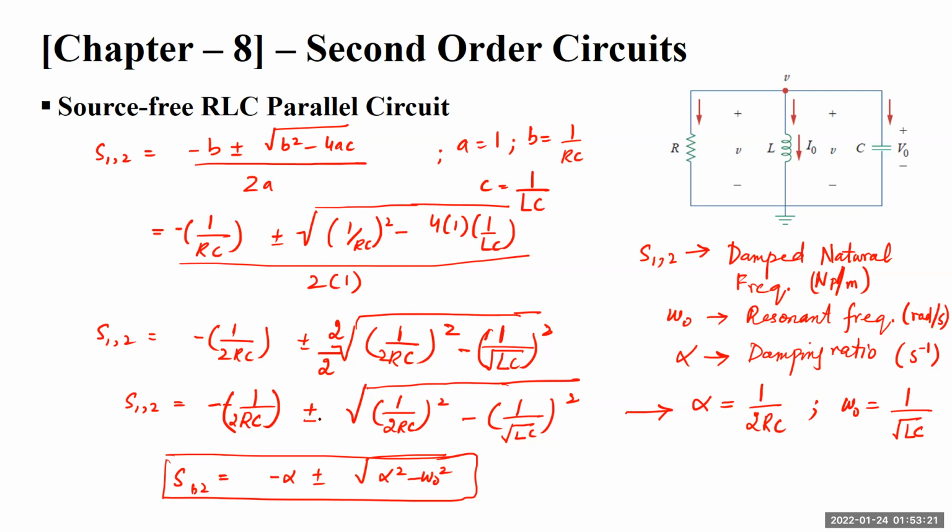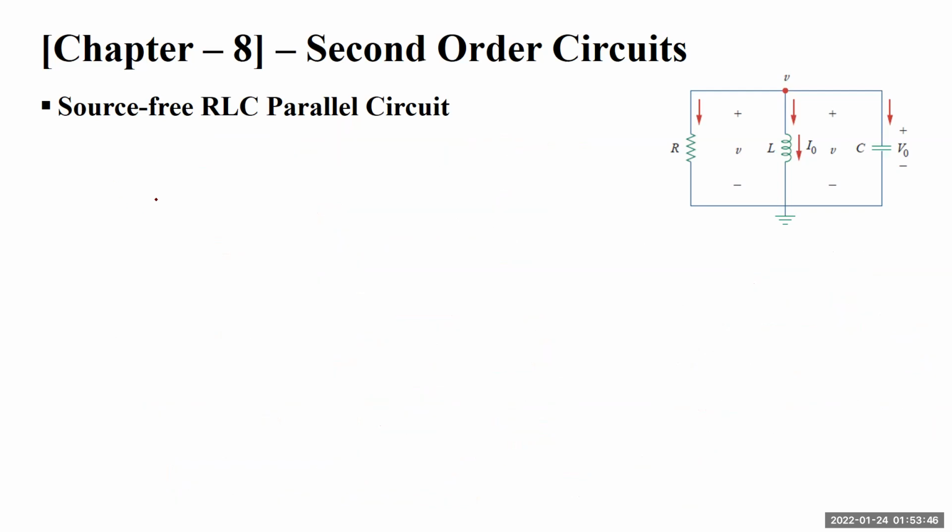Once we have these values for S1 and S2, so we have two values of S1 and S2, these two values will have two specific solutions for voltage. We have V1 of t equals A1 e^(S1 t), and V2 of t equals A2 e^(S2 t). So there will be two specific solutions, and the overall solution of V of t, the voltage which we are trying to find, will be a linear combination V1 of t plus V2 of t.